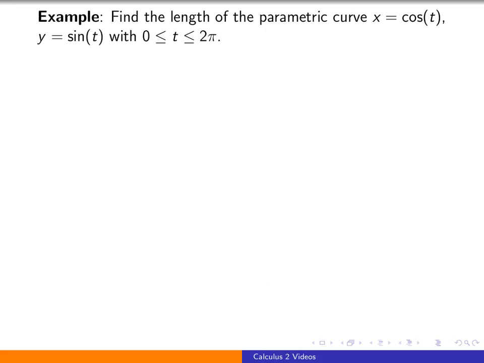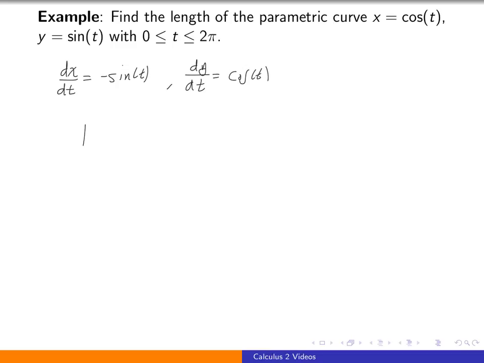To begin, let's find the length of the parametric curve given by x equals cosine t, y equals sine t from 0 to 2 pi. The two main ingredients we need here are dx dt, and the derivative of cosine with respect to t is minus sine t, and dy dt, the derivative of sine with respect to t is cosine of t.